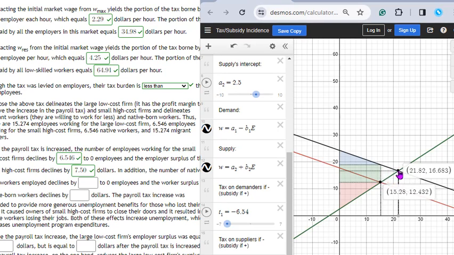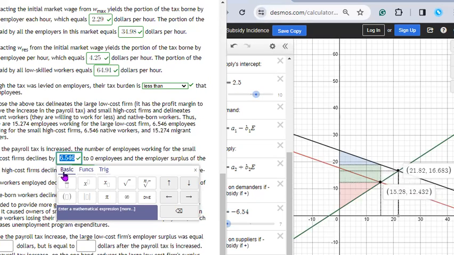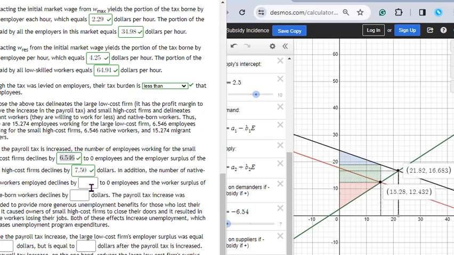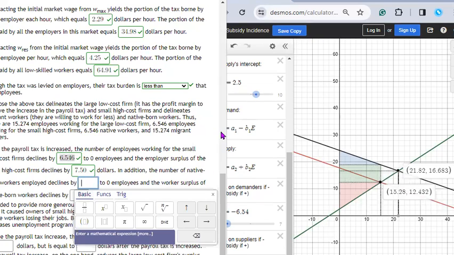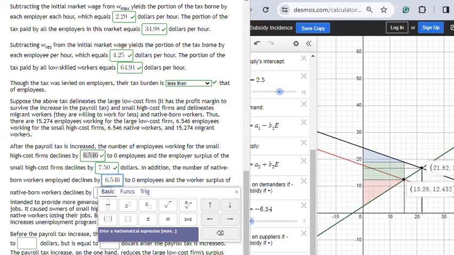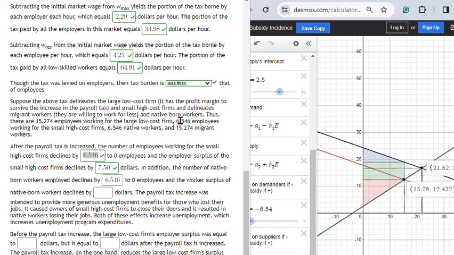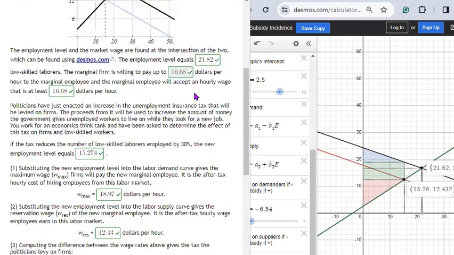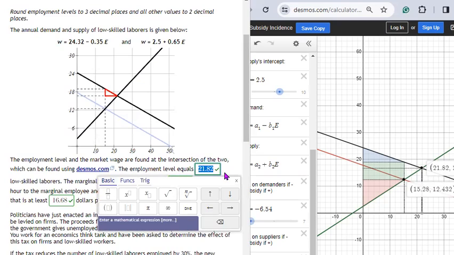And the decline from this point to that point in terms of employment was the 6.546 employees. Again, if that's in terms of millions, that's quite a few, right? So there were 6.546 million native-born workers employed prior to the tax, right? This number plus this number totals the employment level before the tax, right?